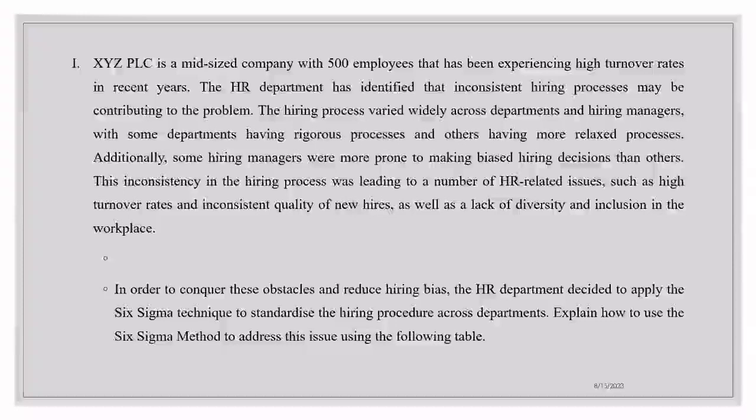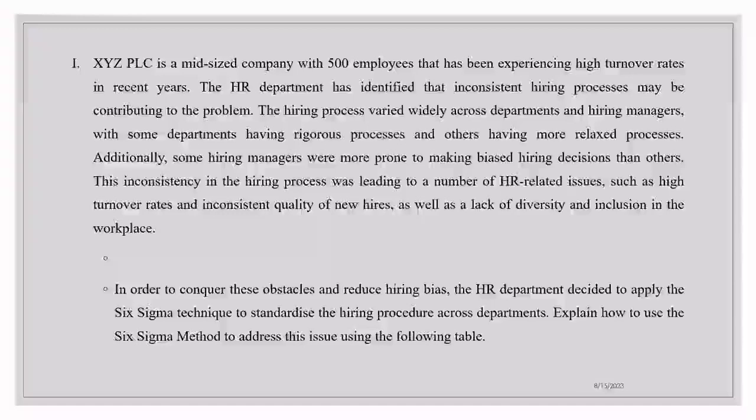Additionally, some hiring managers were more prone to making biased hiring decisions. Some are going to recruit people based on their personal bias toward some persons, but ultimately we are an organization spending our money to get the maximum results. If we select a person based on some bias, ultimately he might not be the best person to recruit.